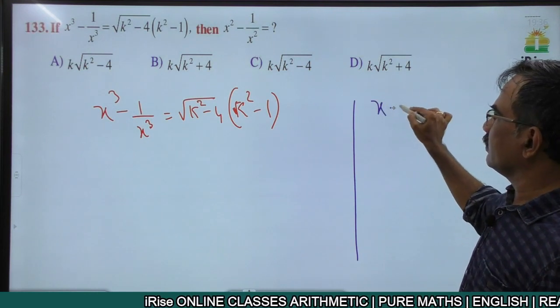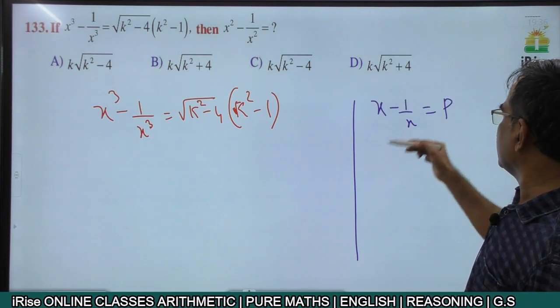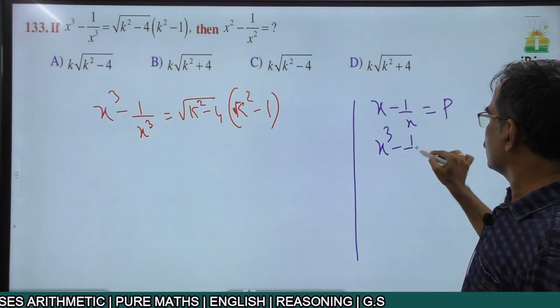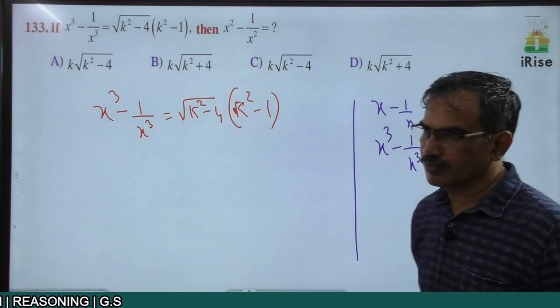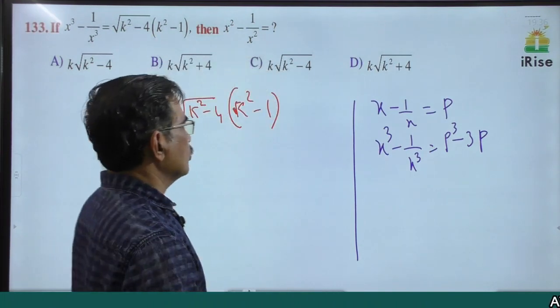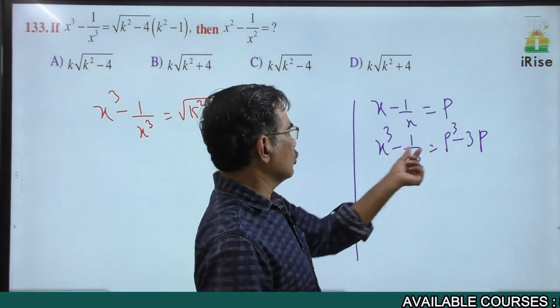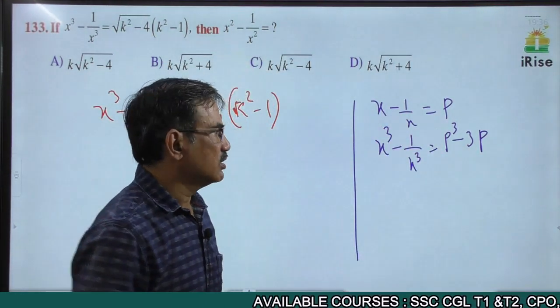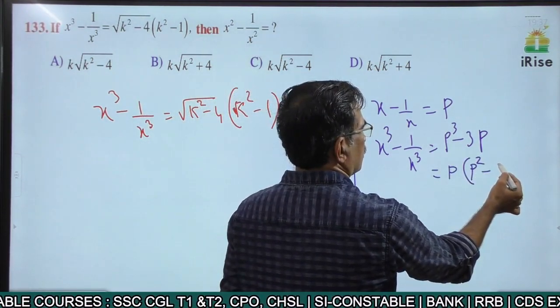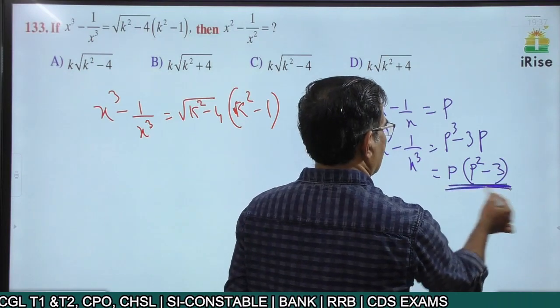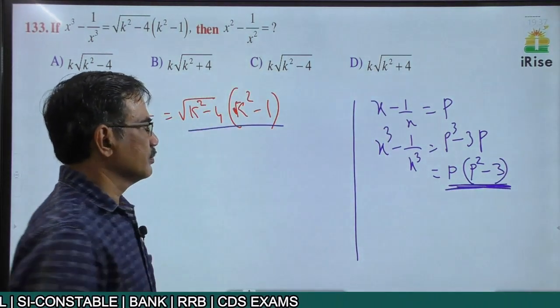See here, if x minus 1 by x is p, what is x cube minus 1 by x cube? It is nothing but p cube plus 3p. By taking p common, we get p into p square plus 3. See this carefully and compare with the given condition.